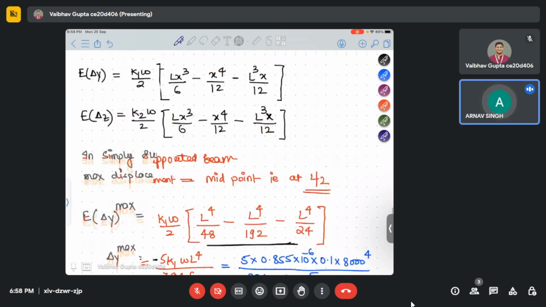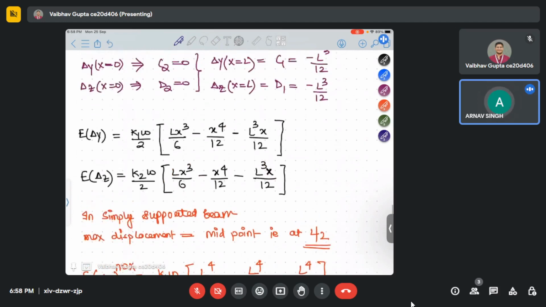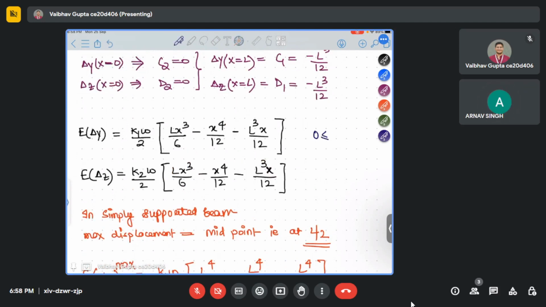Sir, but this question doesn't say maximum. Magnitude of displacement along... See, this is the general expression. Here x varies from 0 to 8. So the maximum value will lie when x is equal to 4, that is L/2. For any other value you have to put that x.